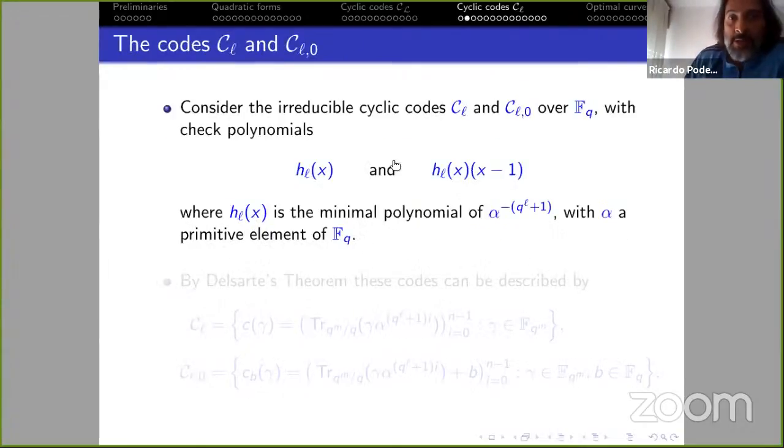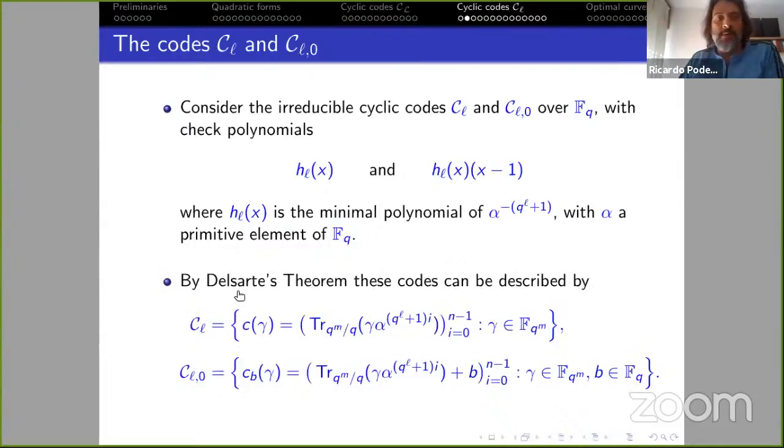So consider the irreducible cyclic codes C_L and C_L0, having check polynomials: the minimal polynomial H_L, the minimal polynomial of this element, and C_L0 has this check polynomial. So again, by Delsarte's theorem, this code can be described as a trace code in this way.